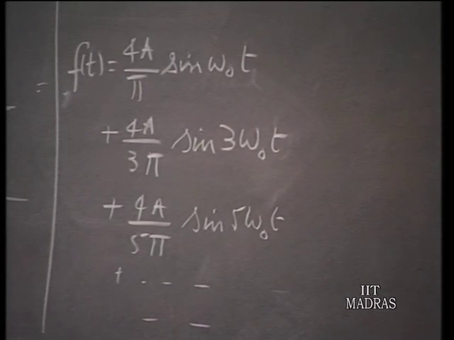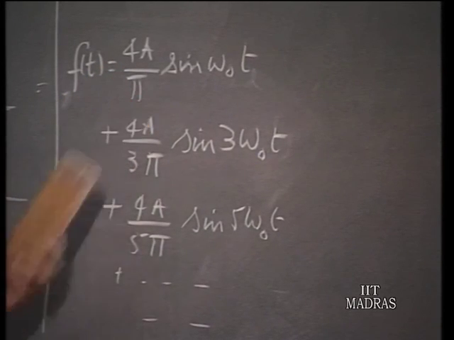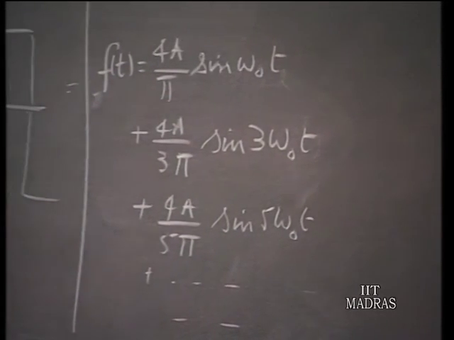For a square wave like this with an amplitude a, the fundamental component has an amplitude 4a by pi. So that means the fundamental will be something like this.